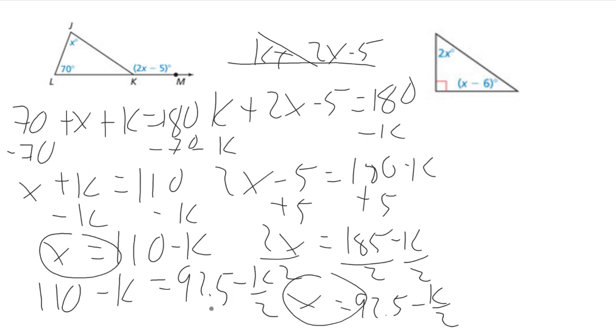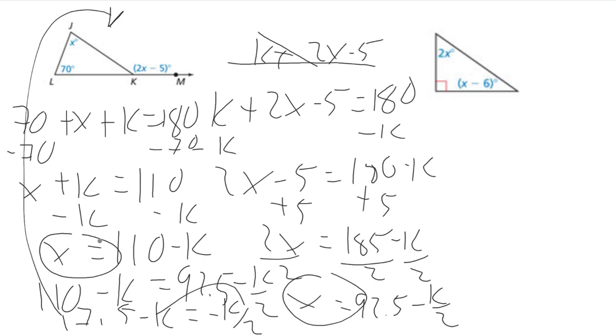I can then subtract 92.5 from both sides, and I have 110 minus 92.5, which is 17.5, minus K is equal to negative K over 2. Adding the K to both sides, I now have 17.5 is equal to positive K over 2, because negative 1/2 plus 1 is positive 1/2.